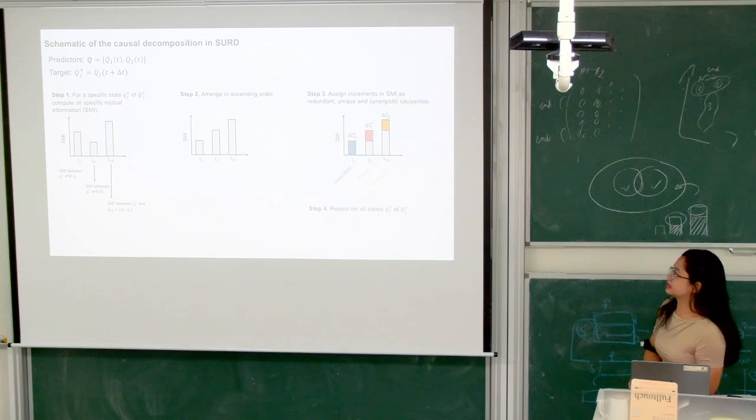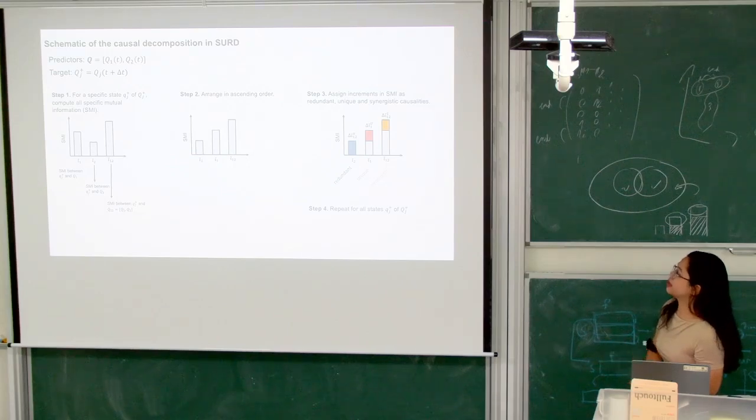Oh, yes. Why? So that part is not so intuitive for me. Yeah, I just expected that maybe synergistic makes sense because using both of them could give more information. But why does using only Q2 give a redundant part?